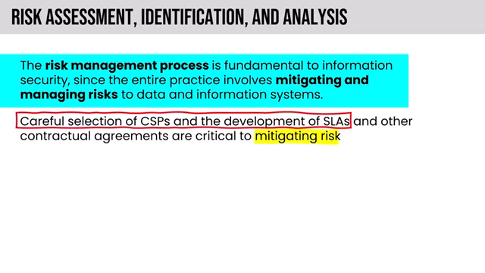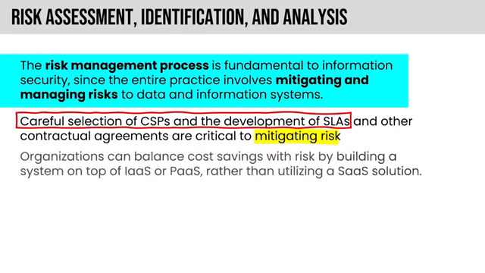Careful selection of CSPs is important, as is development of service level agreements and our contractual agreements. So when we look at the cloud, the service level SLAs are pretty well established. We do have a responsibility as a customer to make sure that we monitor and hold our CSP to account, but SLAs can also factor when we think about vendors in our supply chain, for example.